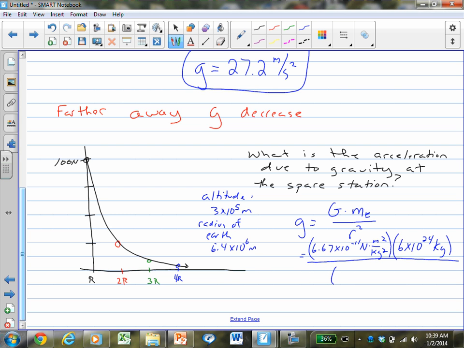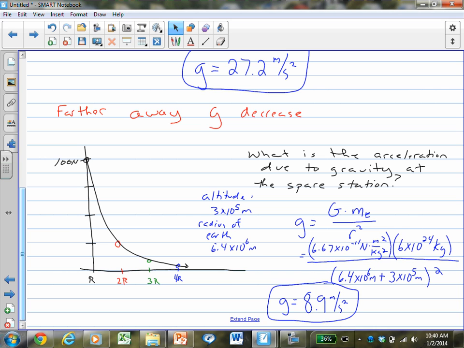But the radius from the center of the Earth would be 6.4 times 10 to the 6 meters, the radius of Earth, plus our 3 times 10 to the 5 meters, squared. And if you calculate that out, you'll see that g is 8.9 meters per second squared at that altitude of the space station.